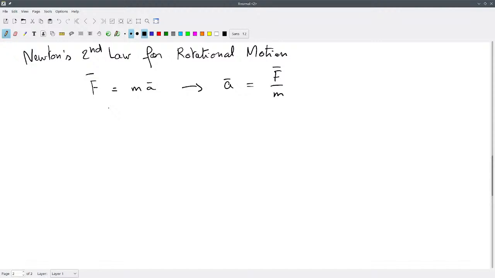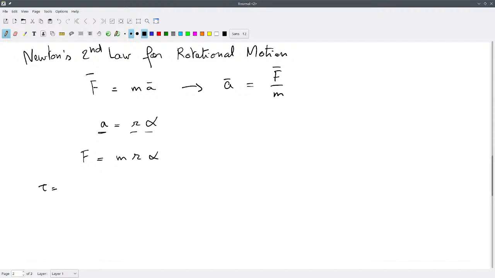So if F is equal to m times a, and we know that the acceleration a is equal to r times the angular acceleration, both as a scalar quantity and as a vector quantity, let me just write it as a scalar quantity. The angular acceleration times the distance from the axis gives us the linear or tangential acceleration. So if a is r times alpha, then F will have to be equal to m times r times alpha, right?